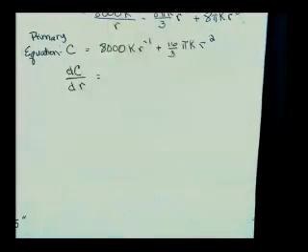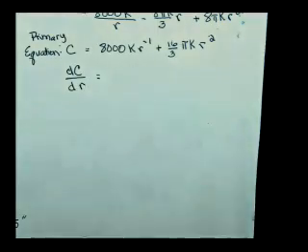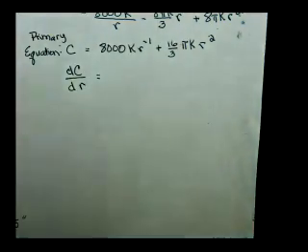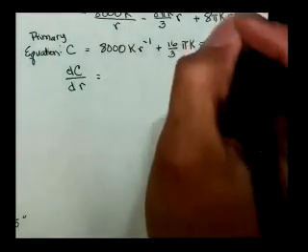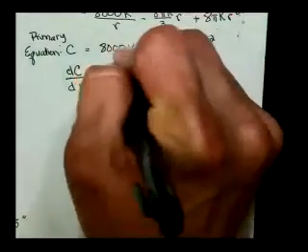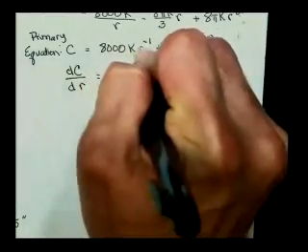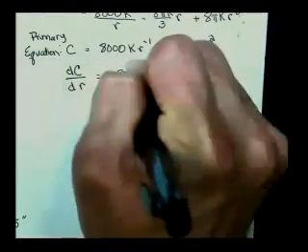The derivative of the cost with respect to the radius would be what? Negative 8,000 k r to the negative 2, or I'm going to go ahead and put the r squared in the denominator.